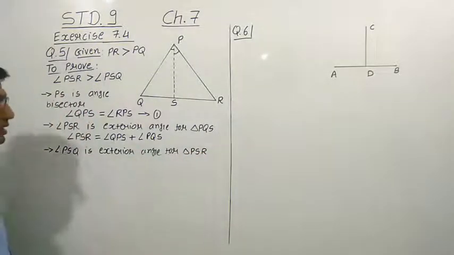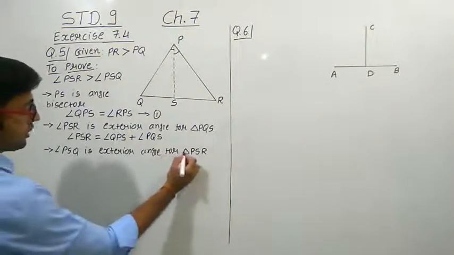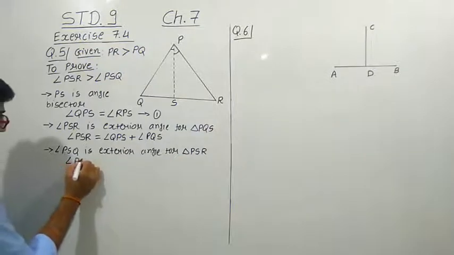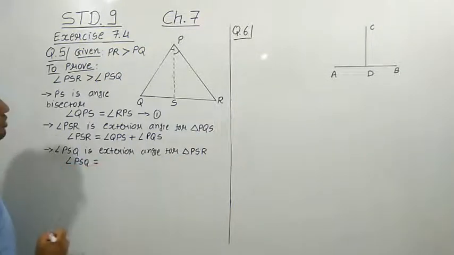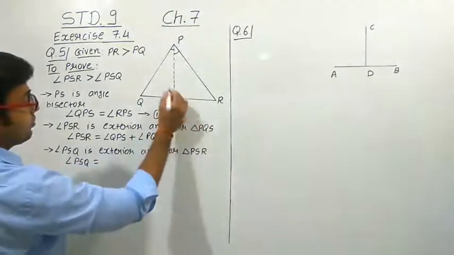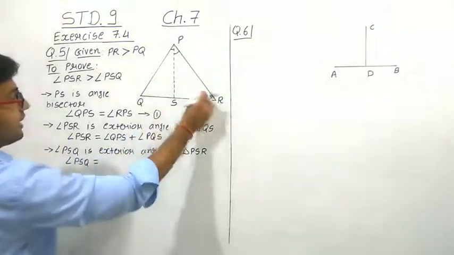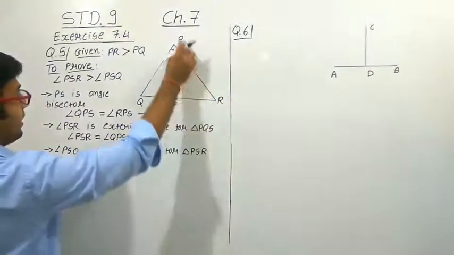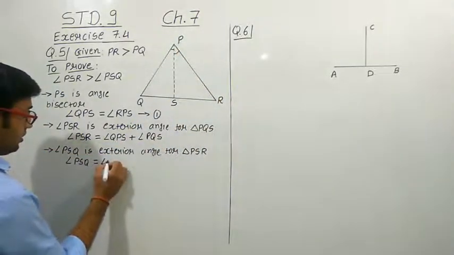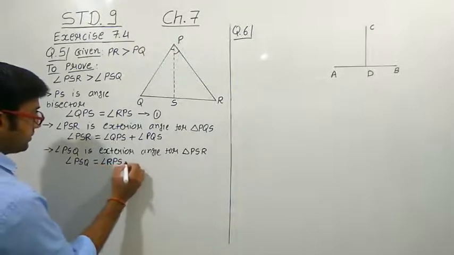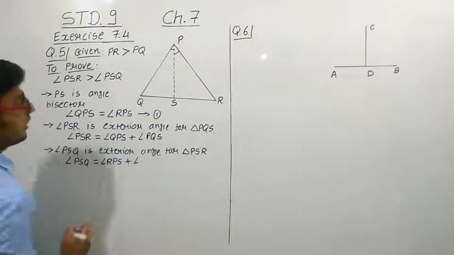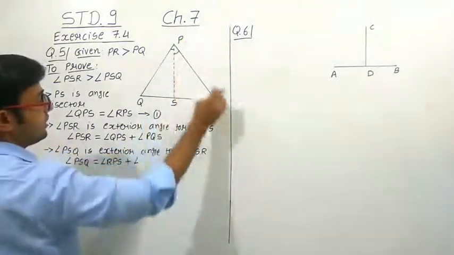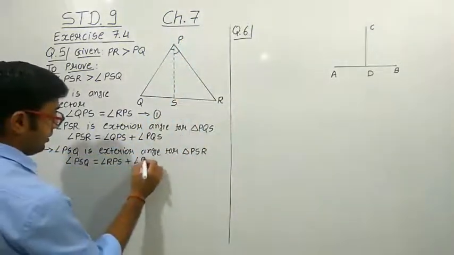So according to the exterior angle property, angle PSQ is equal to the addition of these two opposite angles. So this angle we can write as angle RPS plus angle PRS.